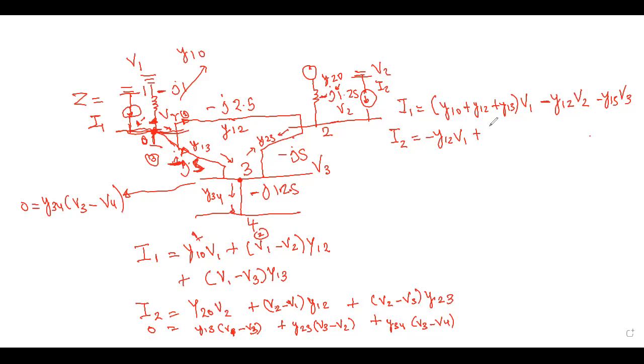So I'll take these common things and write here Y20 plus Y12 plus Y23 into V2, and the remaining thing is minus Y23 V3, right? Okay. Then again for the zero term also I can take out.